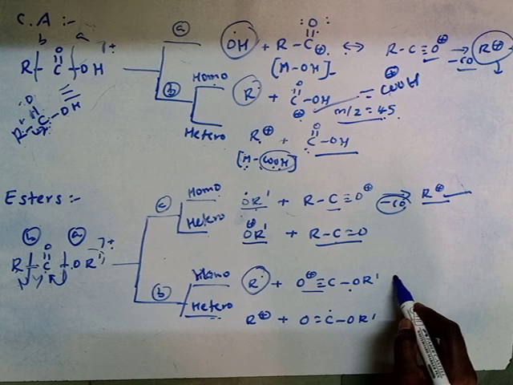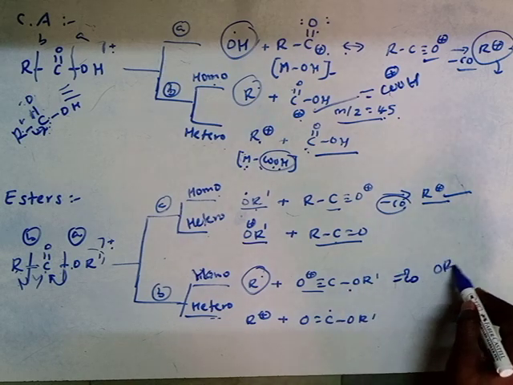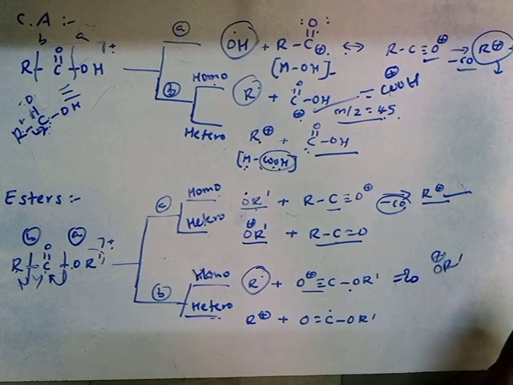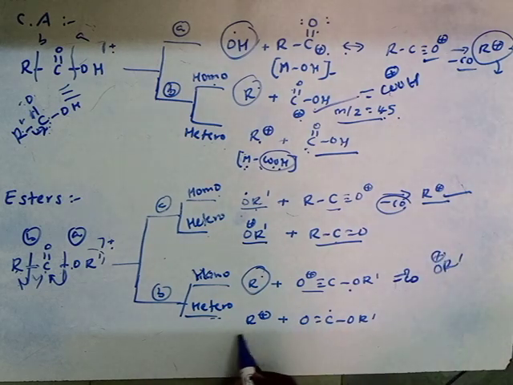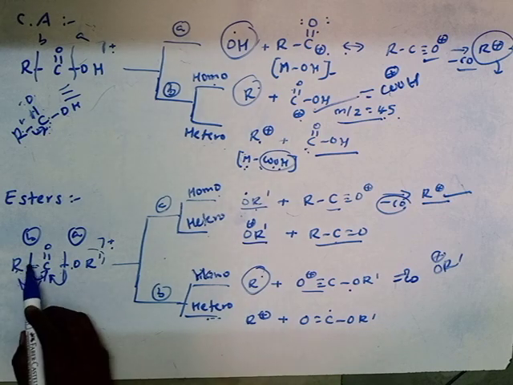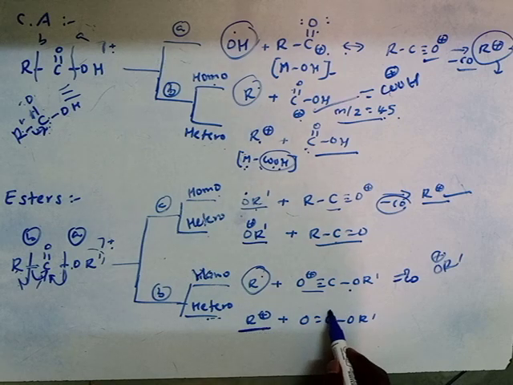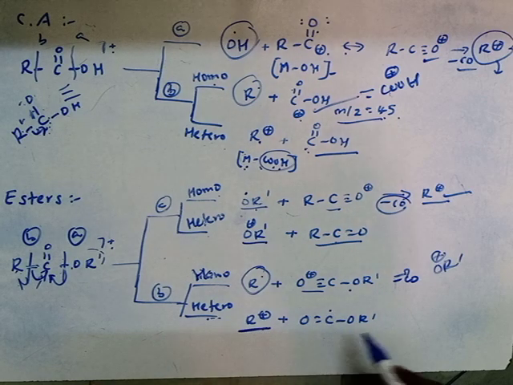If we take C minus CO, then OR plus is there, right? Next, if it undergoes heterolysis, these electrons move to this carbon atom, so loss of electrons takes place. That's why it is a carbocation, and here a radical. This is for esters.